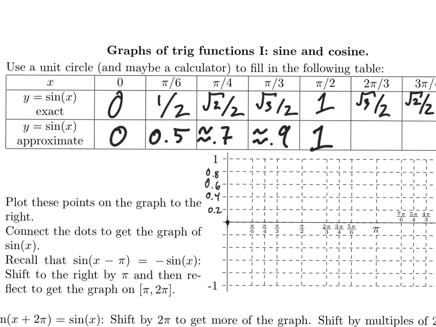So sine of pi over 6 is 1/2. That's about there. Sine of pi over 4 is approximately 0.7. Sine of pi over 3 is approximately 0.9. Sine of pi over 2 is approximately 1.